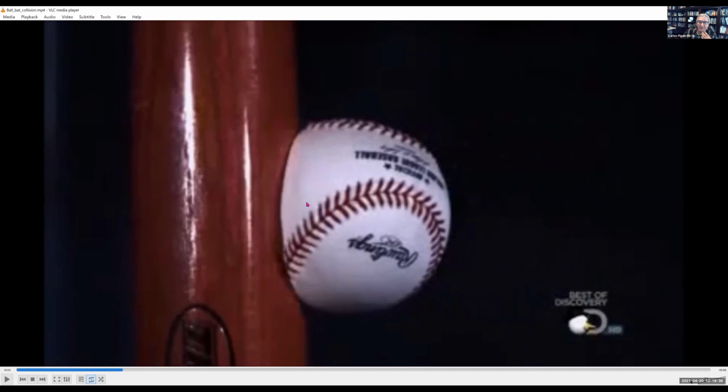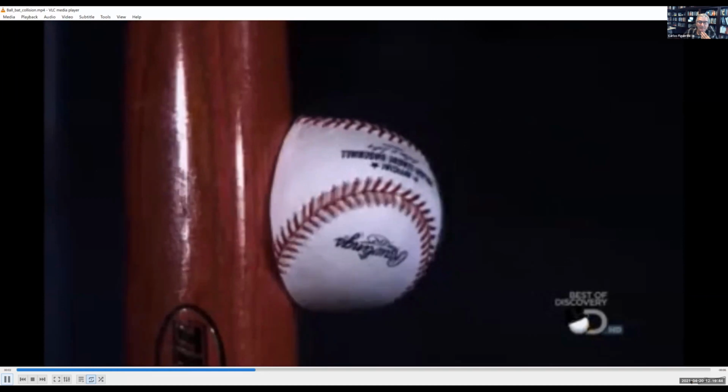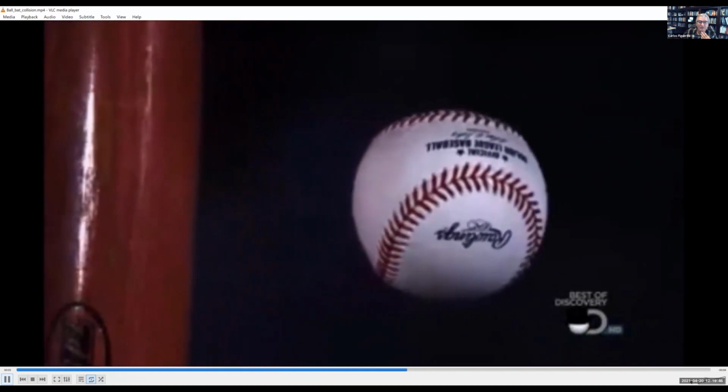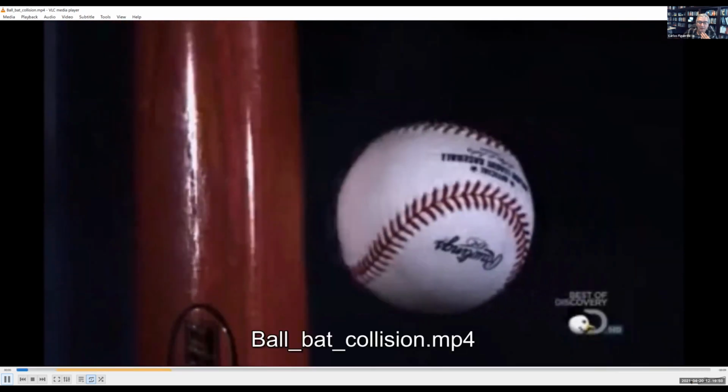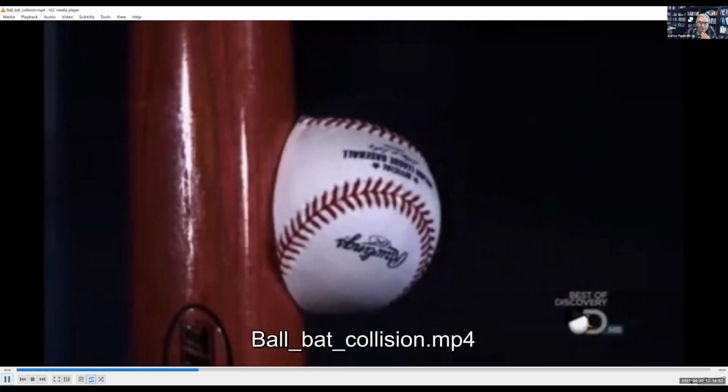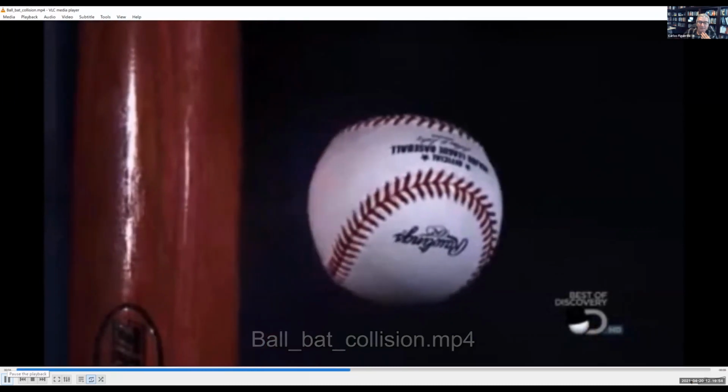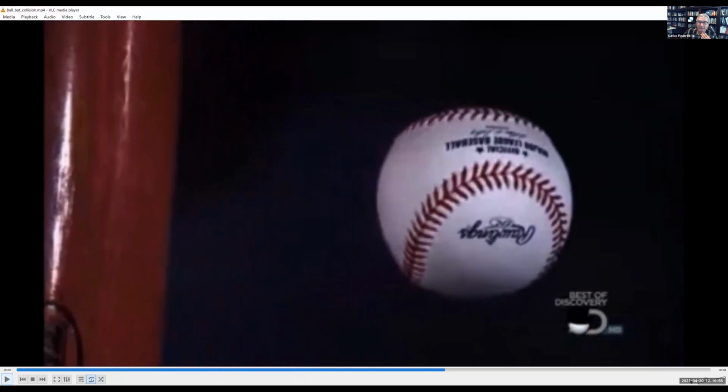Note that this does not happen over a single moment. And then I'll run it and then it unexpands. And then you can even see the ball wobble. Right? So the bat is applying an impulse force on this thing.